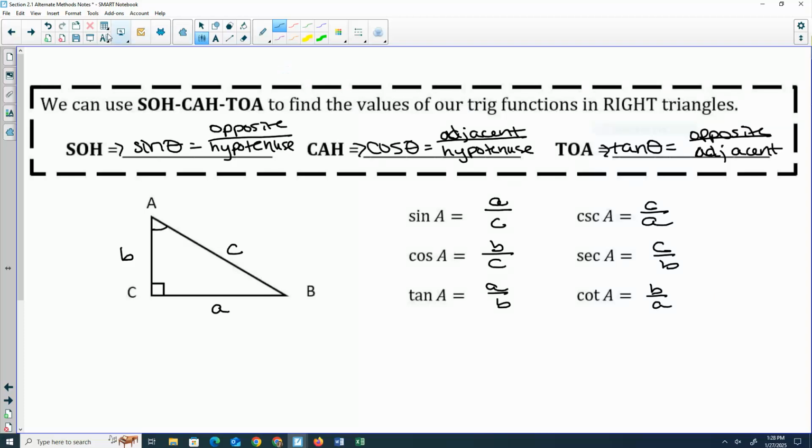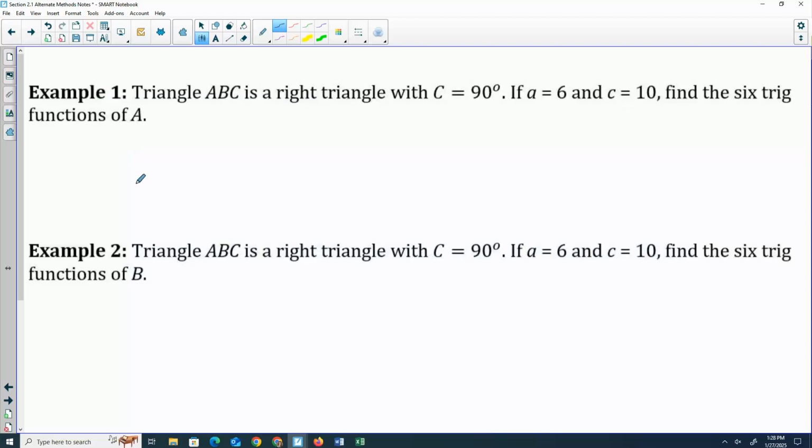So let's use that. Triangle ABC is a right triangle with angle C equal to 90 degrees. I draw myself a triangle. C is the right angle.